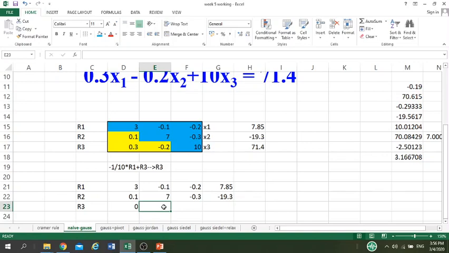What I mean is, this number times minus 1 over 10, and then plus row 3, which is minus 0.2. Okay, so we will get minus 0.19.